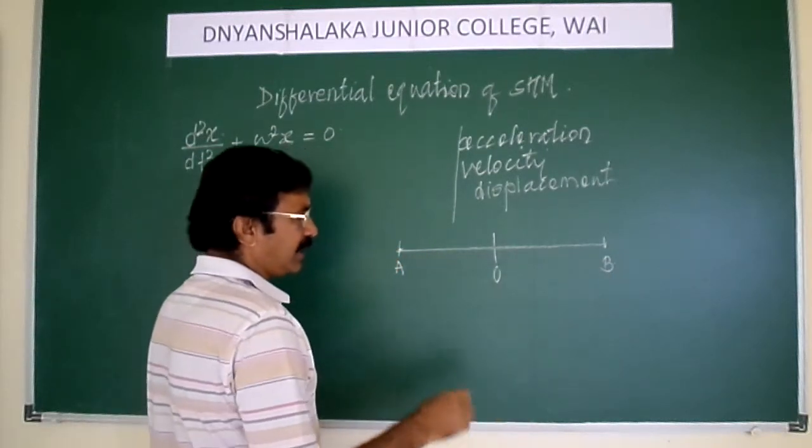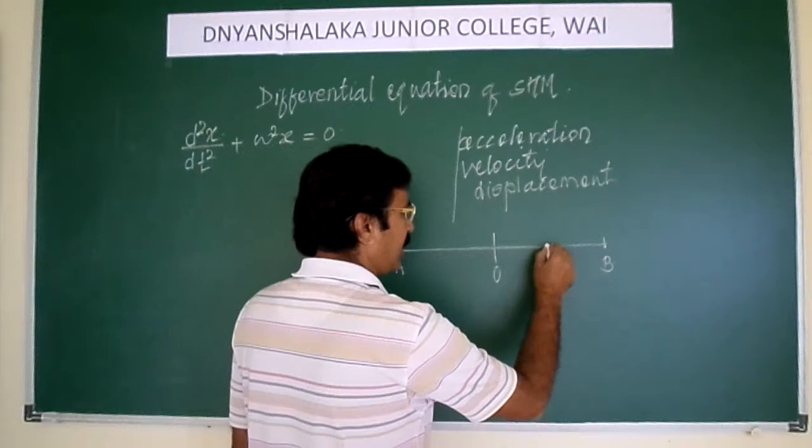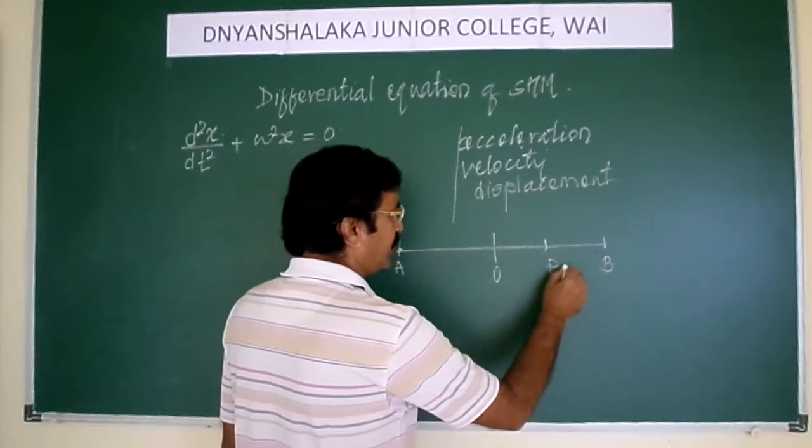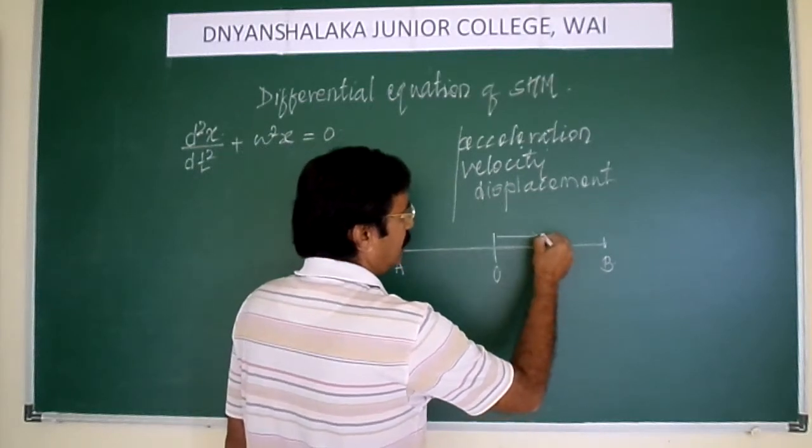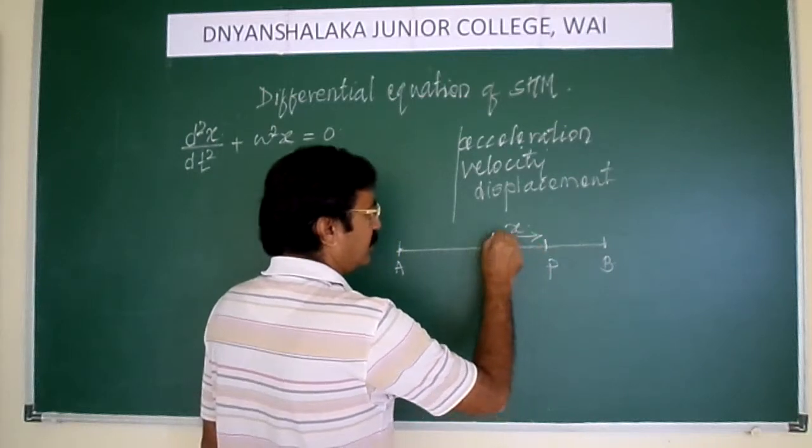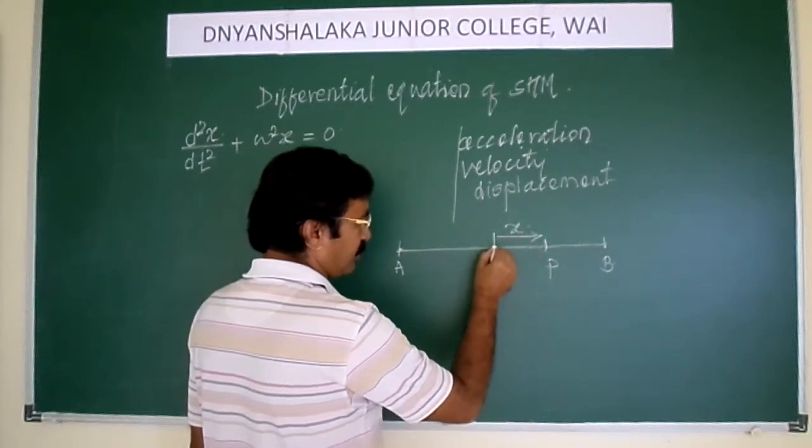For the given time t, the particle can be at any position P, where it is displaced through the distance x from the mean position.